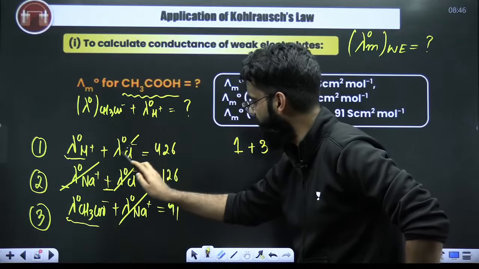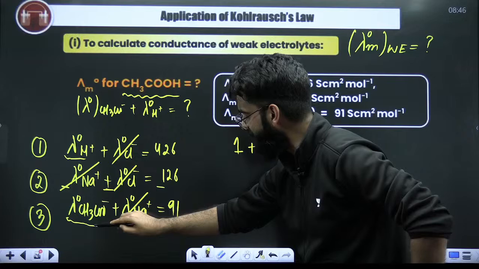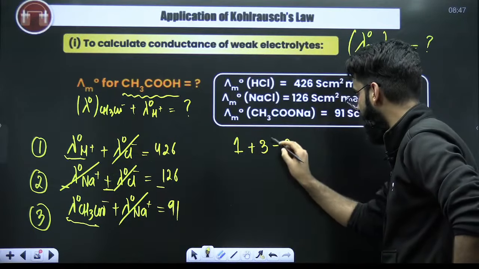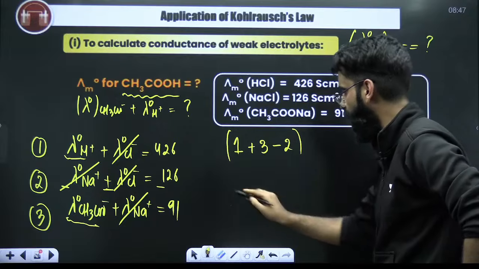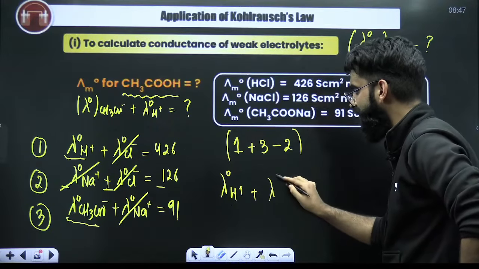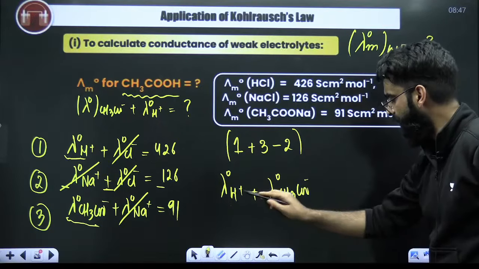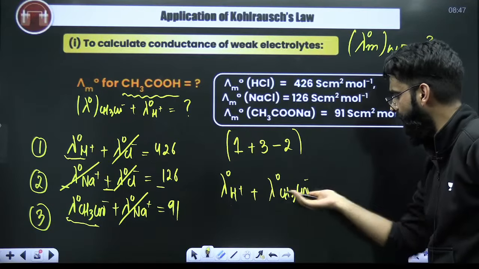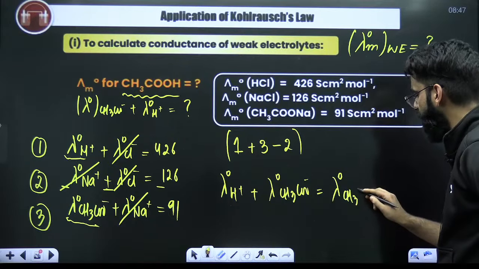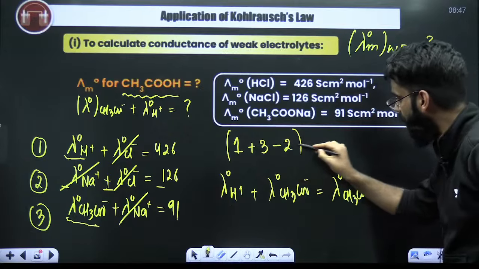After doing this operation, I'm left with lambda naught of H positive plus lambda naught of CH3COO negative. What do I call this? I'll call this lambda naught M of CH3COOH. How did I get this? By doing this particular operation.